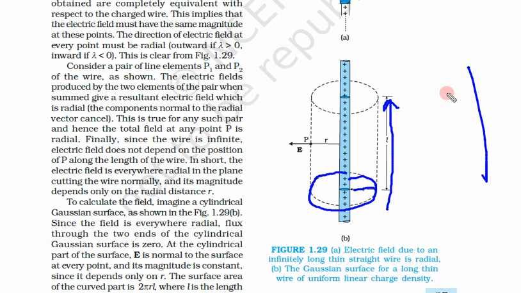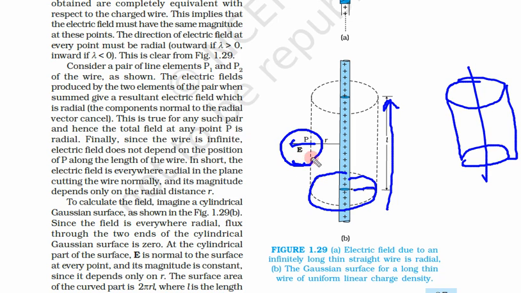The outside surface will be a cylinder for this wire. Now we have to calculate the electric field E at point P, which is r distance from this wire, and we have made a cylinder of length L. So these are the considerations.